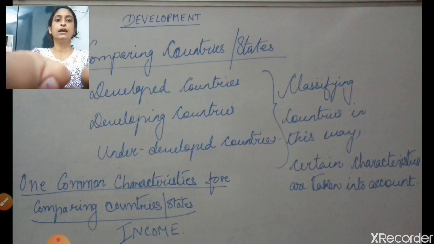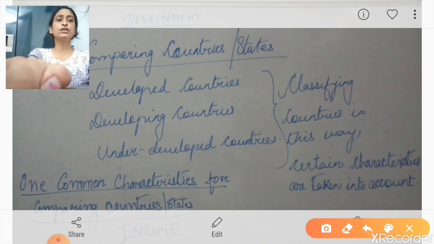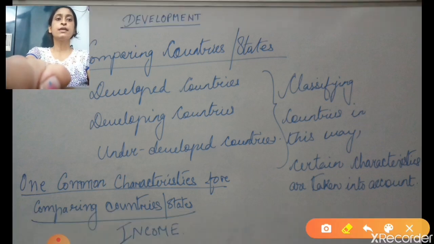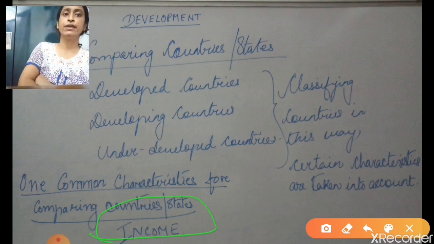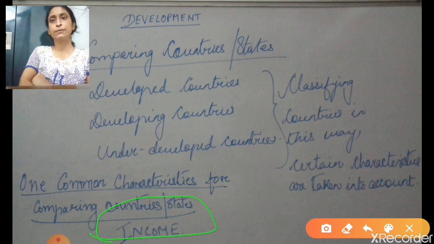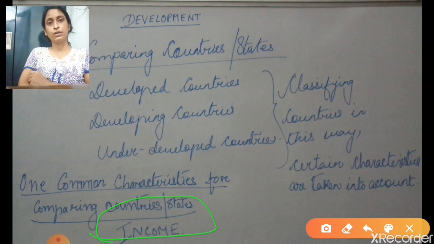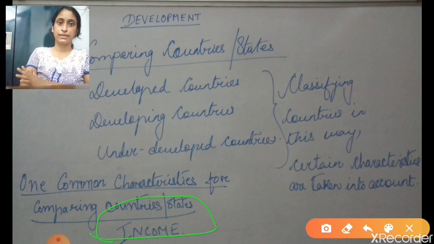As you can see here, a very important criterion for comparing countries is income. The countries are classified as developed, developing, and underdeveloped countries, and in doing that, one of the very important criteria is income. But of course, it's not the only criterion.